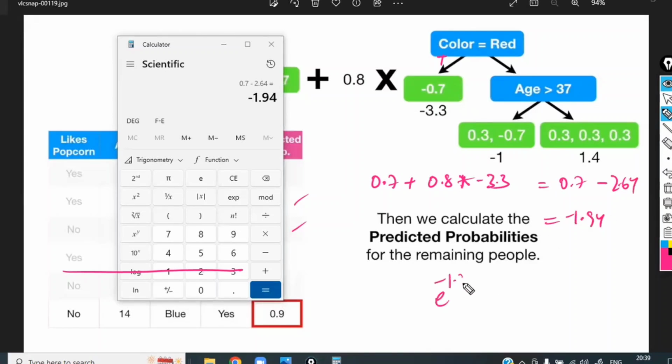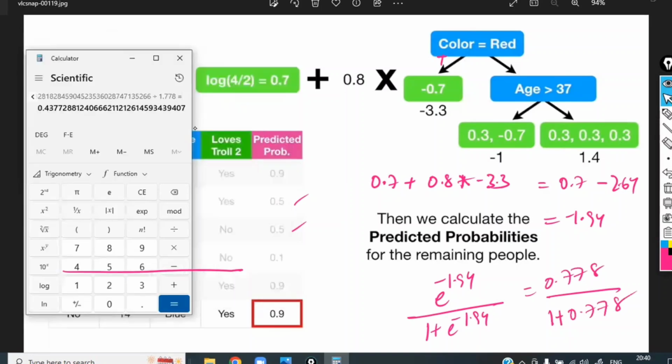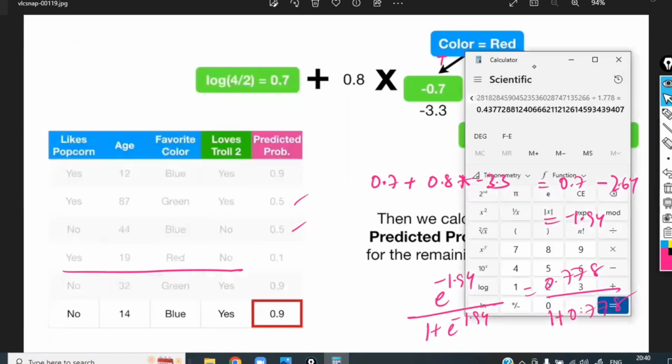Now e to the power of minus 1.94 divided by 1 plus e to the power of minus 1.94. Let us calculate. That is 0.778 divided by 1 plus 0.778, which is 1.778, giving 0.43. Right? So you are going to take the same value.